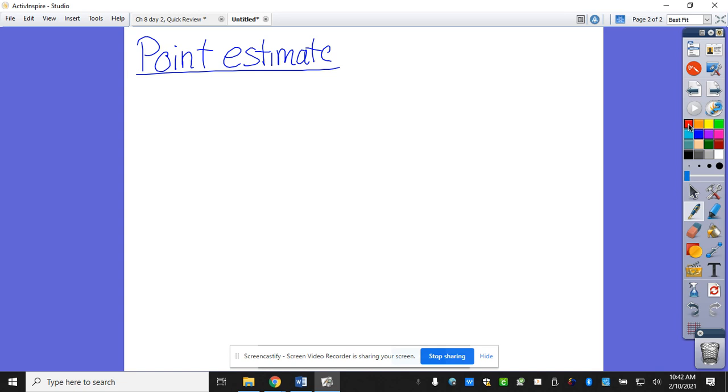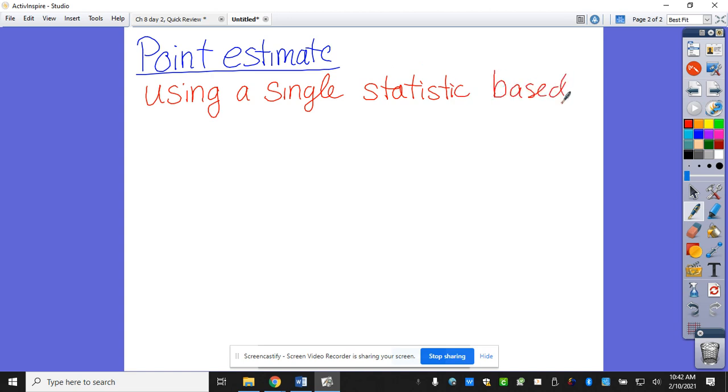A point estimate is using a single statistic based on sample data to estimate a population parameter.